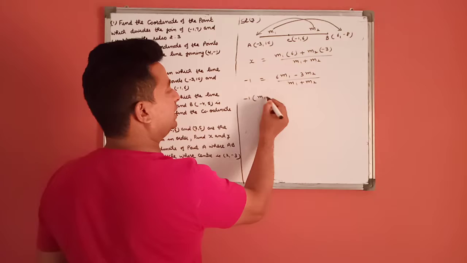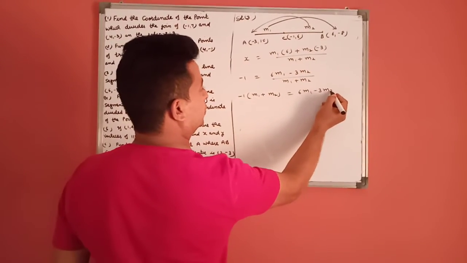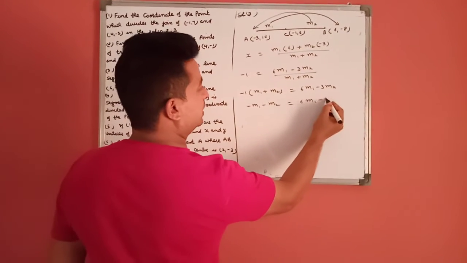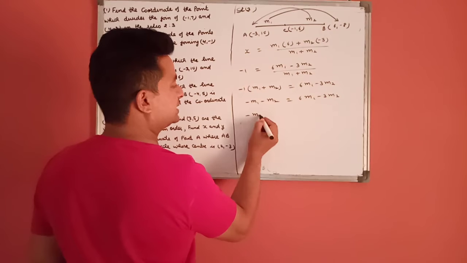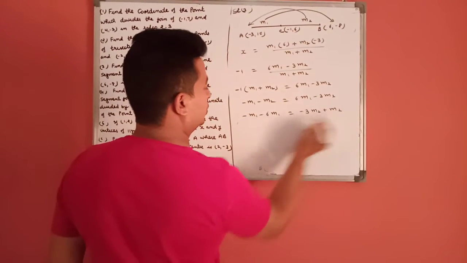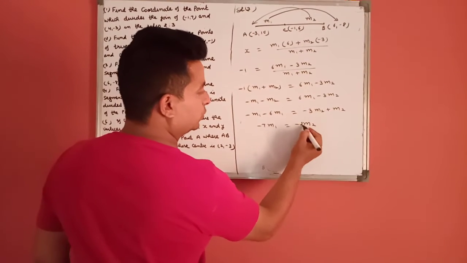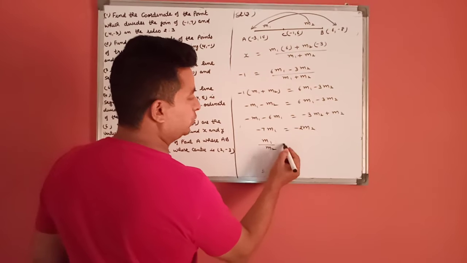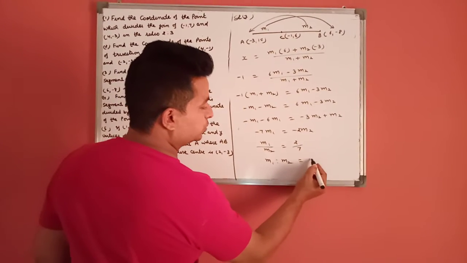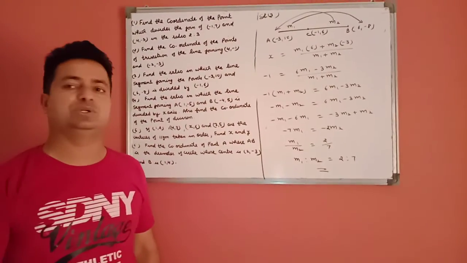When we cross multiply, we get m1 equals 6m1, 3m2 plus m2, this is 7m1, and this is 2m2. So m1 upon m2 is 2 by 7. This means the required ratio is 2:7. This is the solution of question number 3.